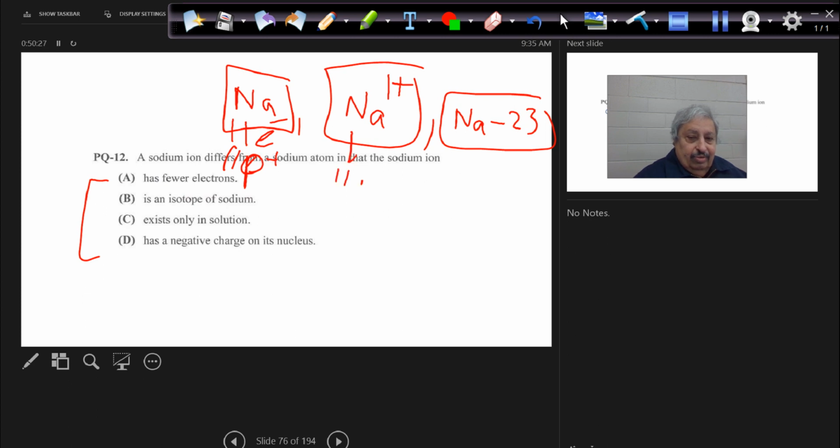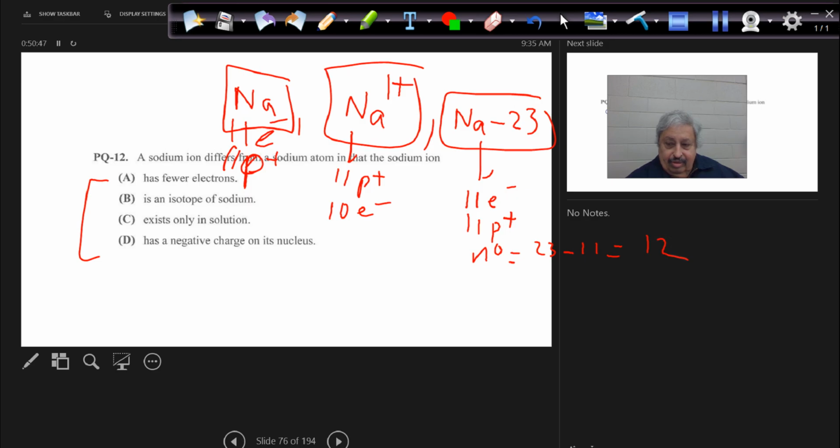Here, 11 protons, but then this plus 1 means 10 electrons. Here, it does not matter, it has 11 electrons and 11 protons. And neutrons is 23 minus 11 is 12.